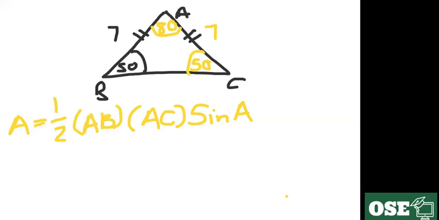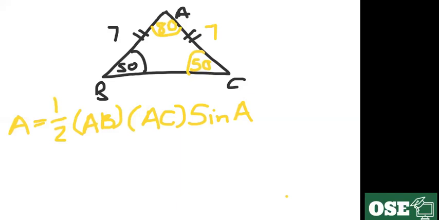And the last angle A is 80 because interior angles of a triangle add up to 180. So if you add 50 plus 50 and subtract that from 180, you get 80. That's how we got everything that we filled in on the triangle, just in case someone was wondering.